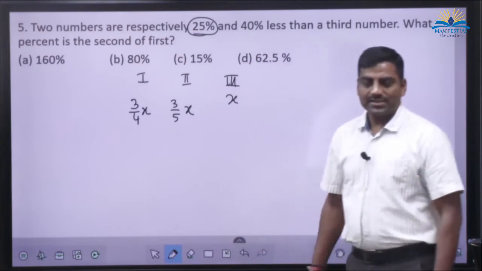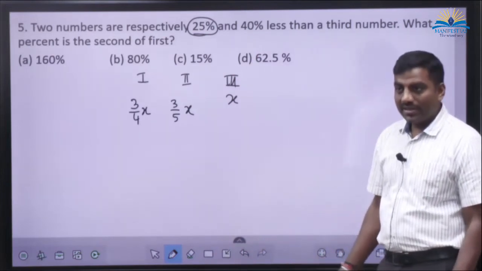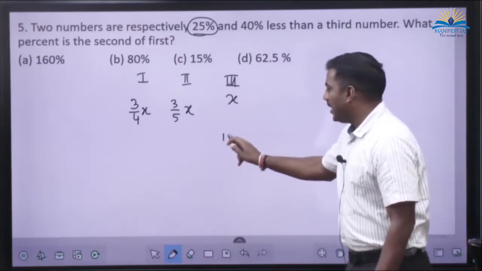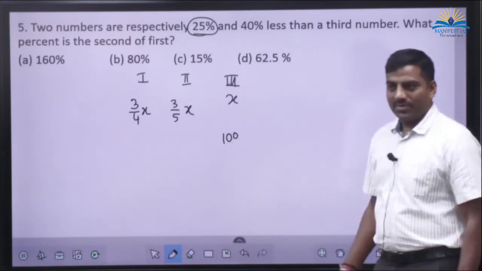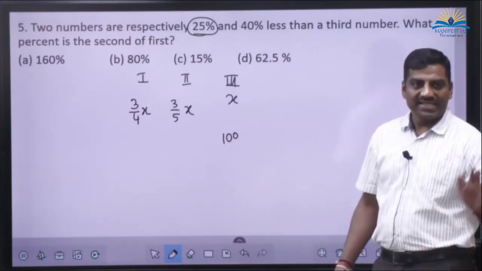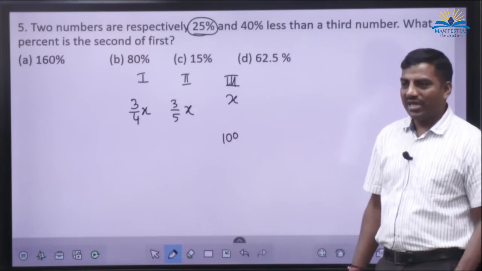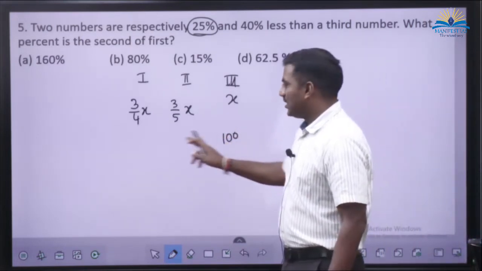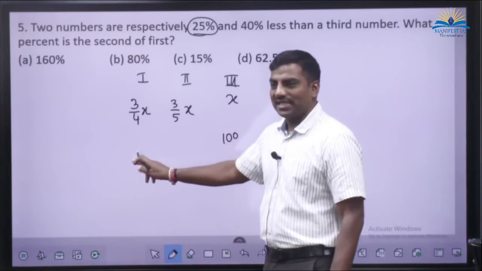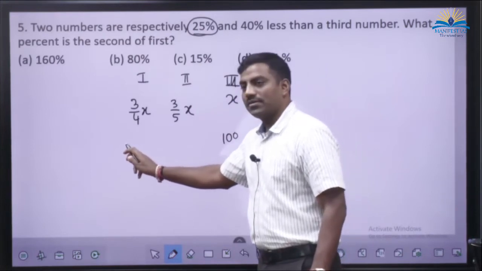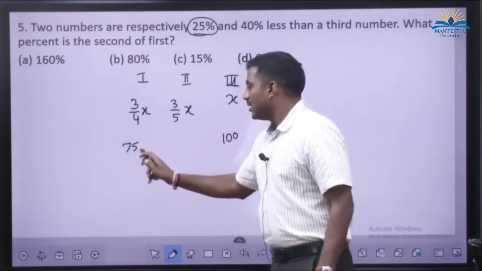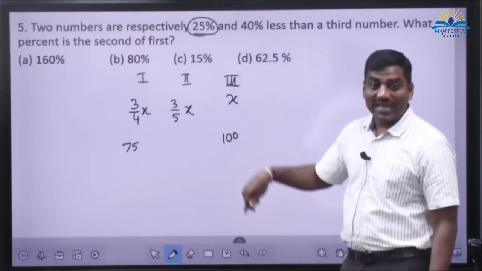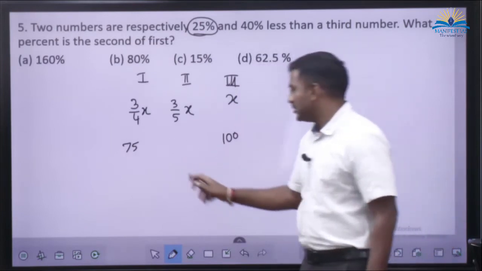Or in such cases, the second method, usually I assume as 100. 100 is very close to me rather than x and y. I take it very casually. If the third number is 100, the first number would be 25% less, that means 75, and the second number is 40% less, 60 itself.